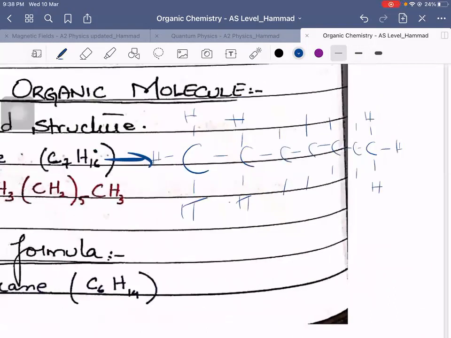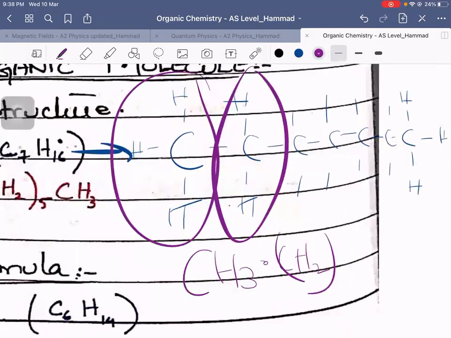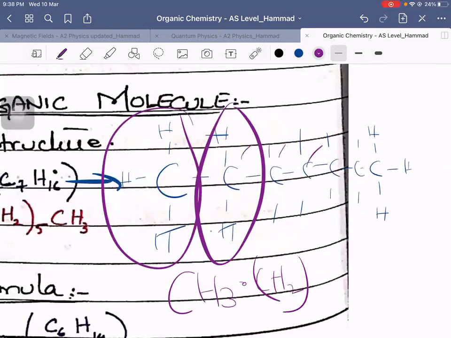To work out a condensed formula, you pick CH3, you put a dot, CH2. There are 5 CH2s, and then there is a CH3 again. Since there were 5 CH2s, you simply mention it as 5. That's how you work on a condensed formula.